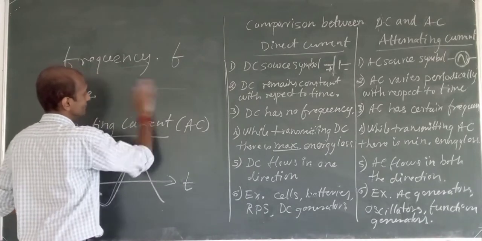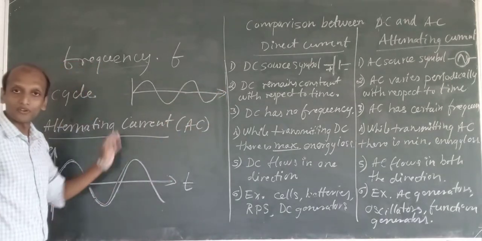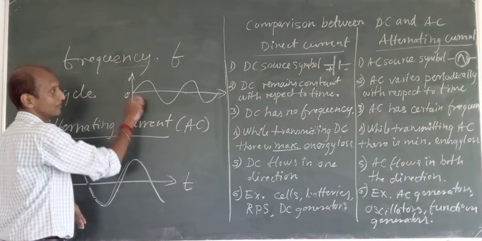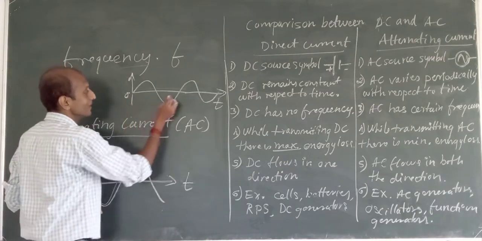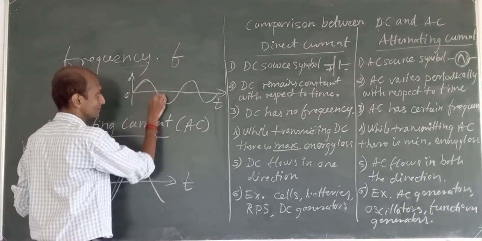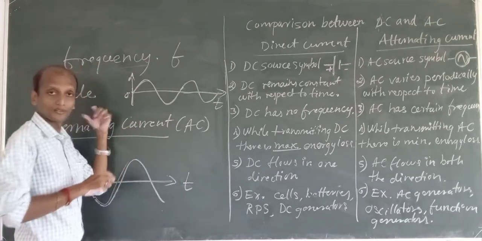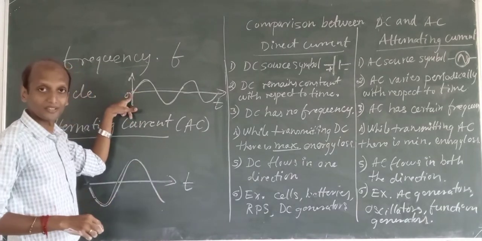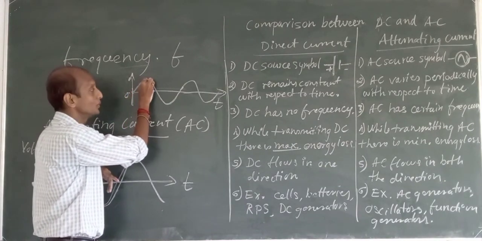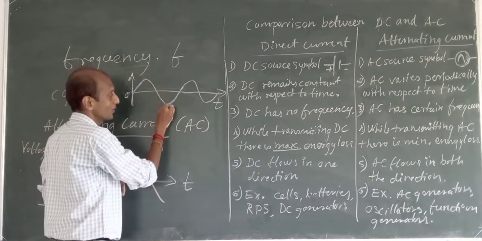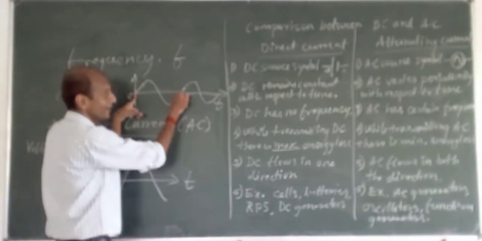For an alternating quantity, here the representation of your current starts from here, goes to the positive maximum value and comes back to 0, and from 0 it goes to the negative maximum value, and it goes back to 0 here. So it started from here and ended here.